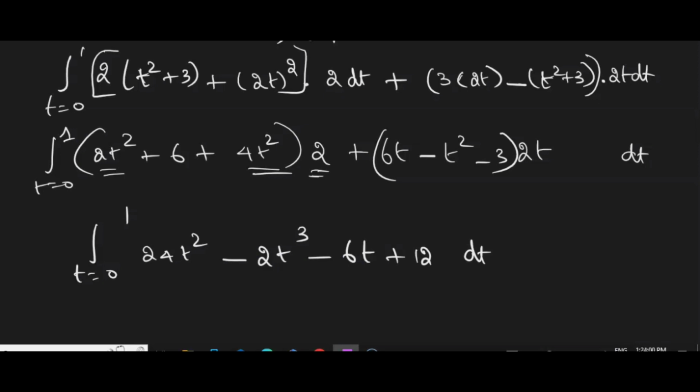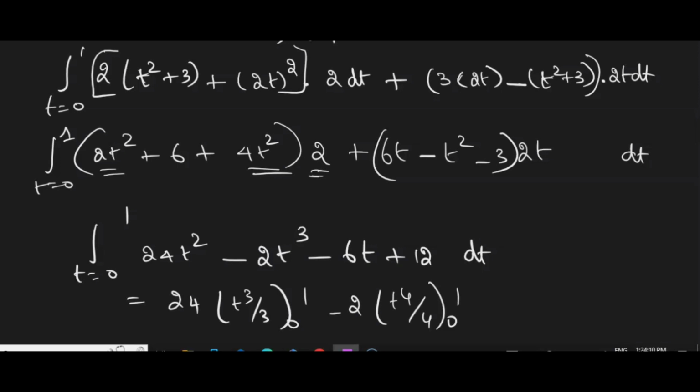If you simplify this, 24 into t cube by 3, 0 to 1, minus 2 into t power 4 by 4, 0 to 1, minus 6 into t square by 2, 0 to 1, plus 12 into t, 0 to 1. So if you substitute the limits and simplify, you will get the answer as 33 by 2.